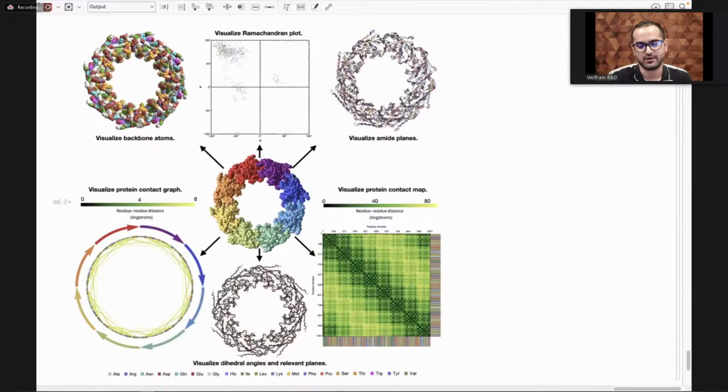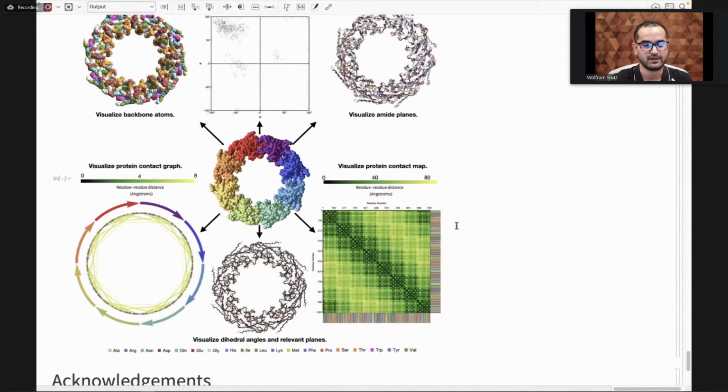And this is just to summarize the capabilities of the Paclet itself, starting from amide planes, dihedral angle plots, contact graphs, contact maps, Ramachandran angles, and so on, and also generating the data you need to do much more in this domain. And of course, in the coming months, many more functions will be added to make it more comprehensive when it comes to analyzing protein structure using the language.